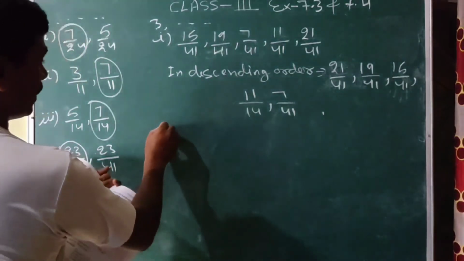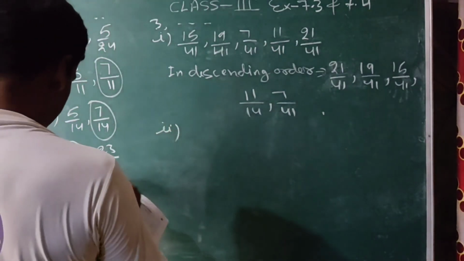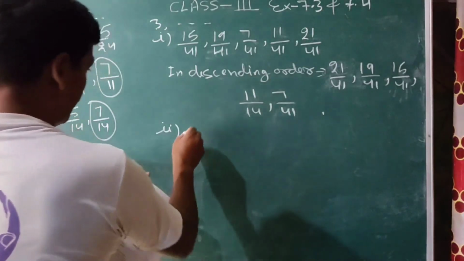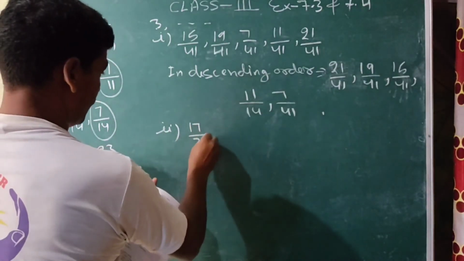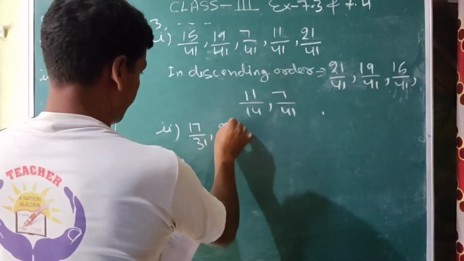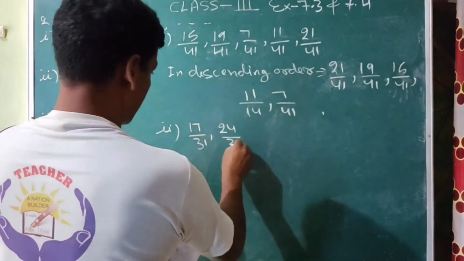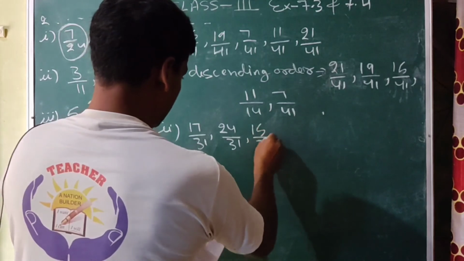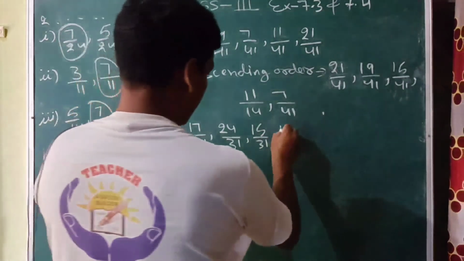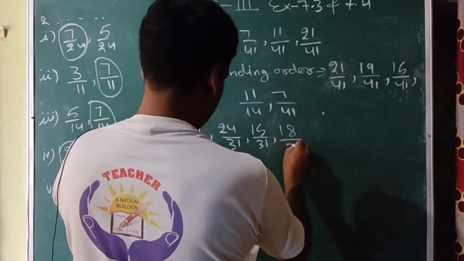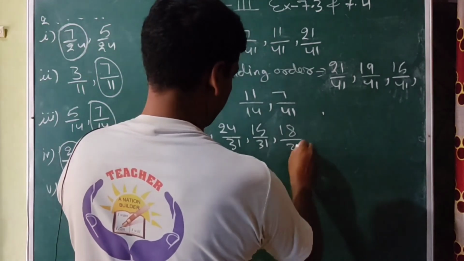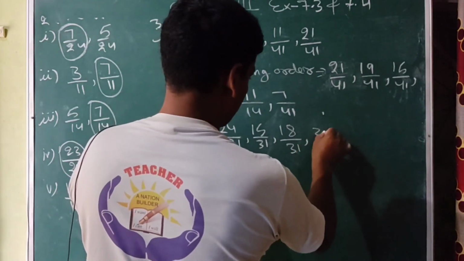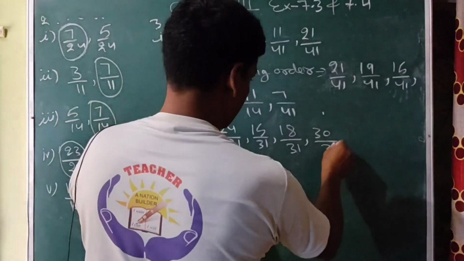And then second part: 17 upon 31, 24 upon 31, and then 15 upon 31, 18 upon 31, and then 30 upon 31.